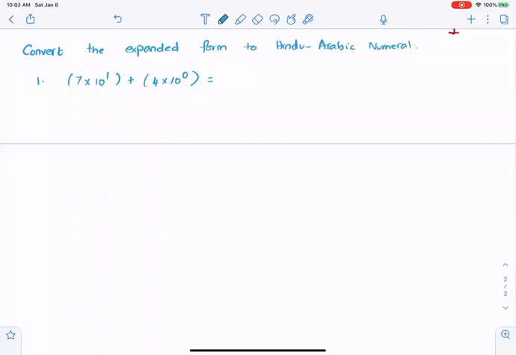So I have an expanded form, 7 times 10 raised 1 plus 4 times 10 raised 0. Of course, these days we can use a calculator, but we're just trying to make points in terms of number systems. So there are only 2 terms, so 2 digits, but you've got to be careful.